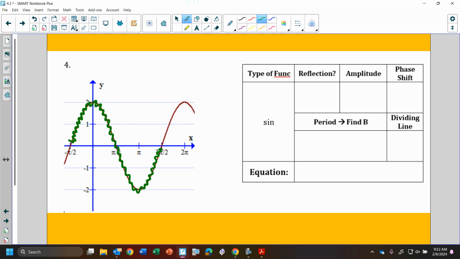Please start with your partners finding your A and your D. Maybe D and then A, I should say it that way. D first. The dividing line should be right in the middle between the tops and the bottoms.